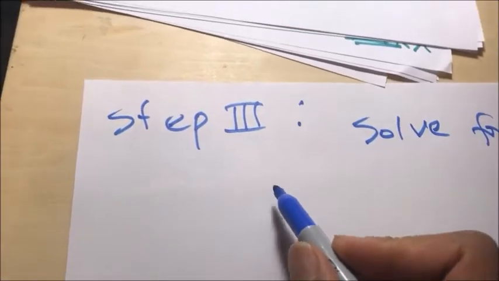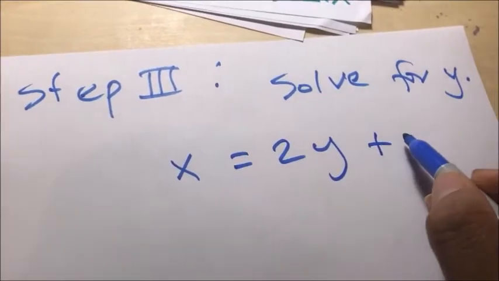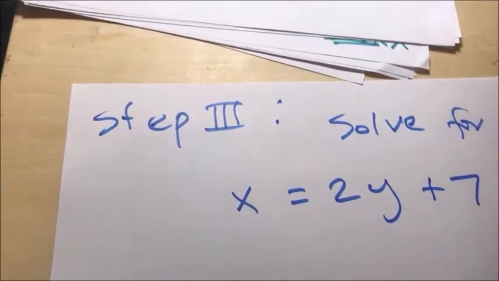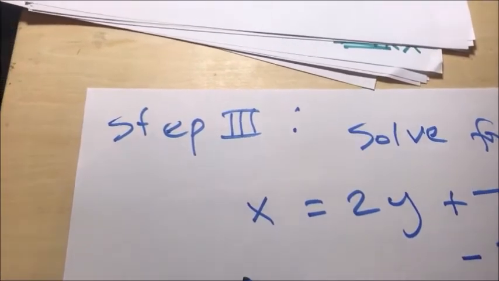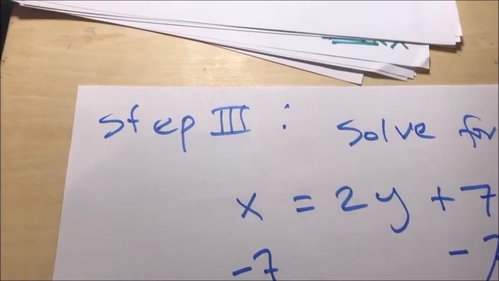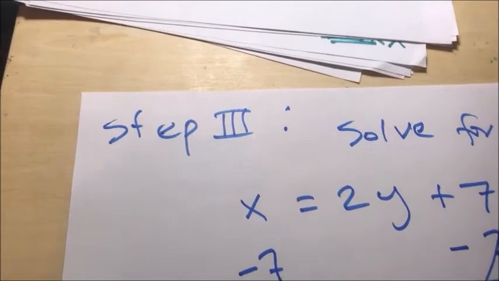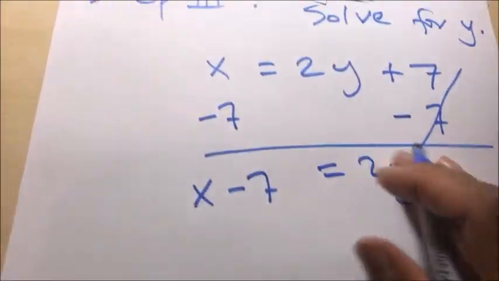So you're taking x equals 2y plus 7. You're solving for y, so you subtract 7 from both sides. Alright, and so you get x minus 7 is equal to 2y.